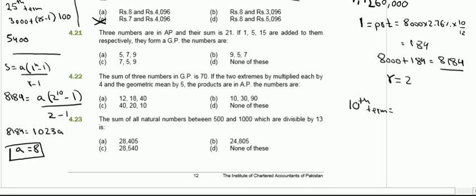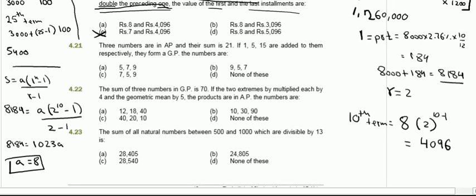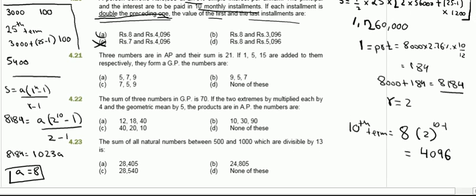Our 10th installment will be 4096. So looking at the options, our answer should be 4.20A, which is that the first installment will be 8 rupees and last installment will be 4096 rupees.